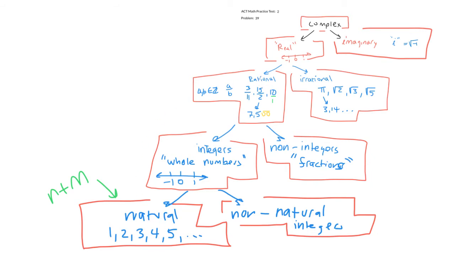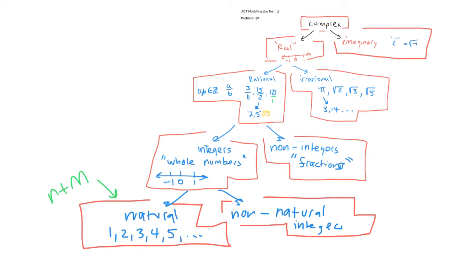Roman numeral 4, does n plus m, which is a natural number, belong to the real numbers all the way up here? Well, absolutely. Natural numbers are a kind of real number. And Roman numeral 5, does n plus m belong to the complex numbers?